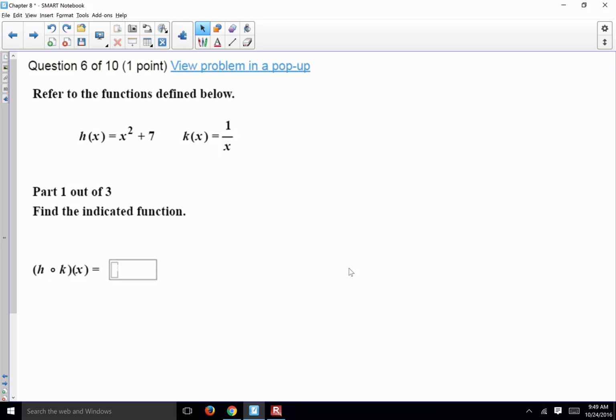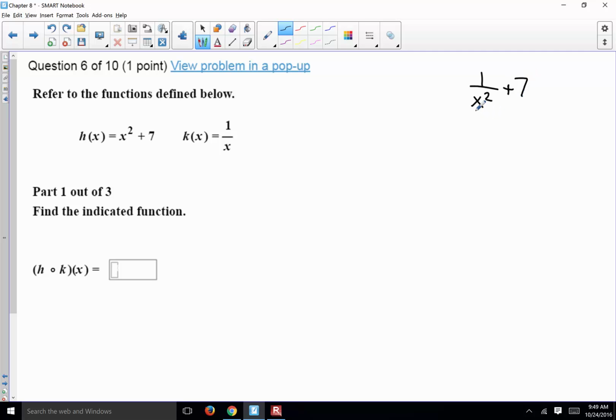This is easier than the previous one, so I'll give you a minute. Yes. 1 over x squared plus 7. 1 over x squared plus 7 is our first response.